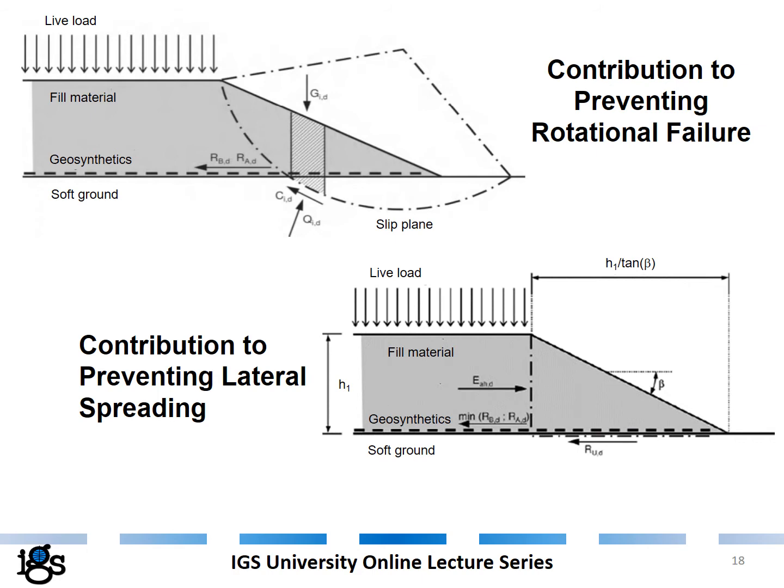And if the embankment wants to spread laterally on this very soft soil, it wants to drag the reinforcement with itself, but in order to be able to do that, it has to rupture the reinforcement. So again, a tensile force develops in the reinforcement that works against the earth pressure.